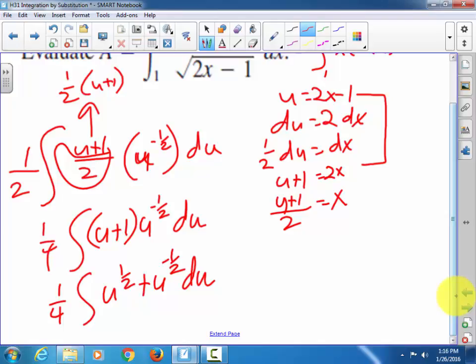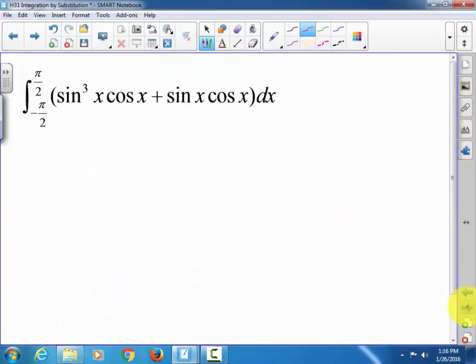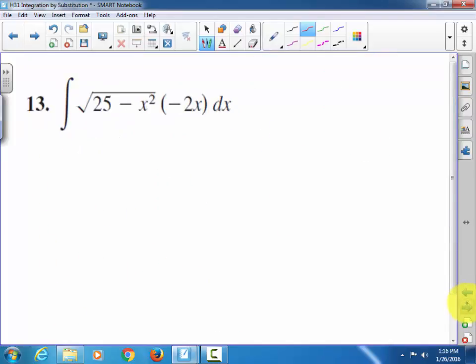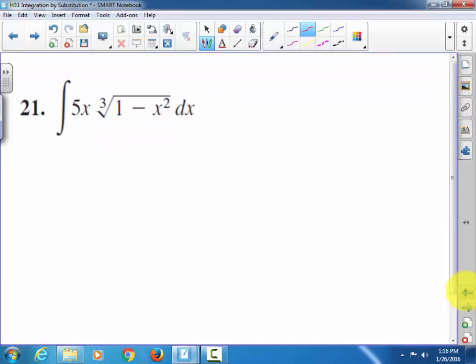Okay? Other questions on 31? Slide 9, number 21. Right there: 5x and the cube root of 1 minus x squared. Okay? So what did you let u be, Mary Martin? 1 minus x squared. So that means du is negative 2x dx, and we don't have that. You need to multiply it by negative 2/5.